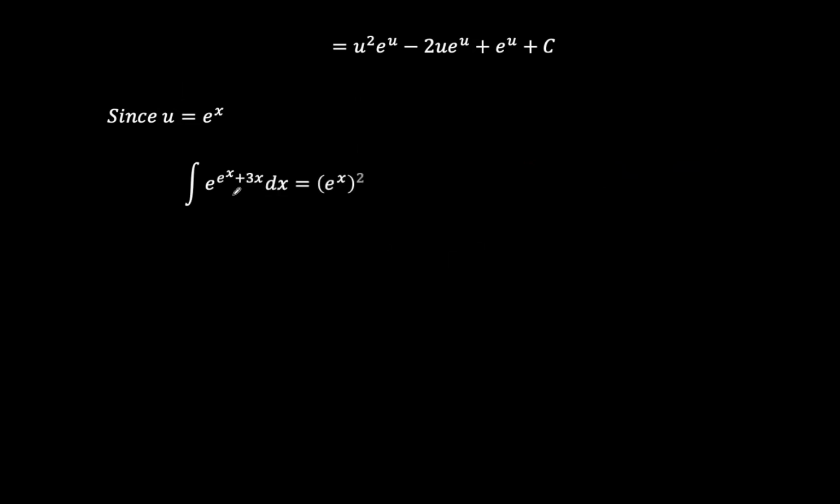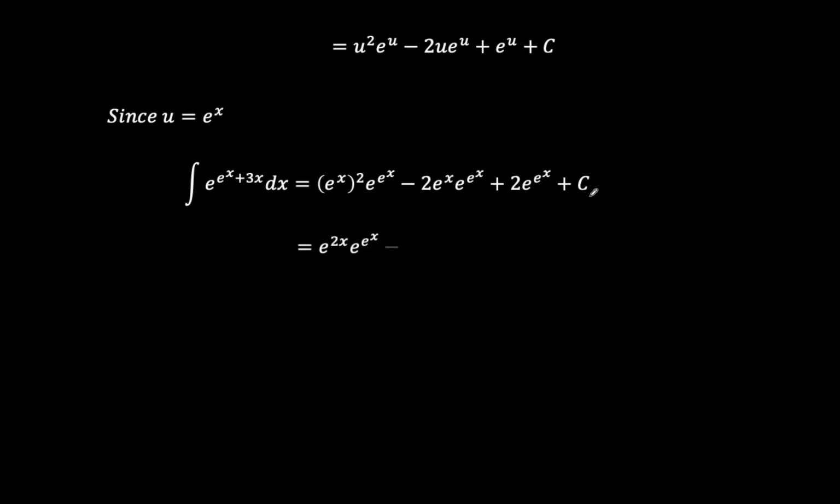So our original integral of e to the power x plus 3x is the same as e to the power x squared times e to the power x, because of this u, minus 2 times e to the power x times e to the power x, plus 2 times e to the power x, plus the integration constant.